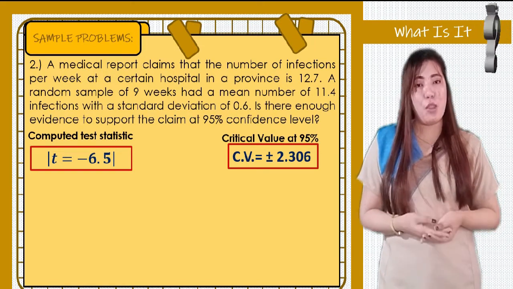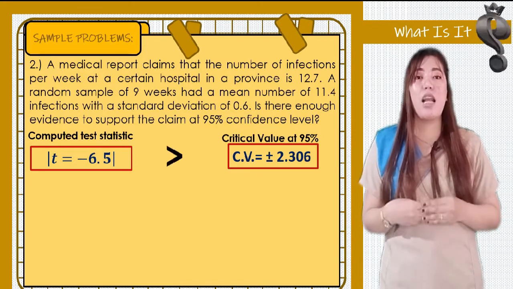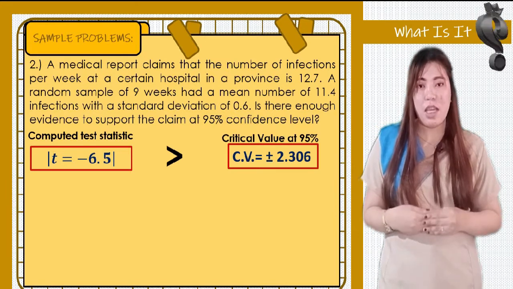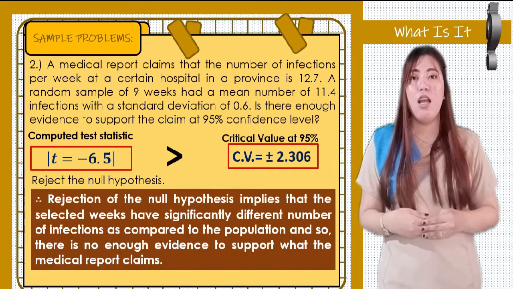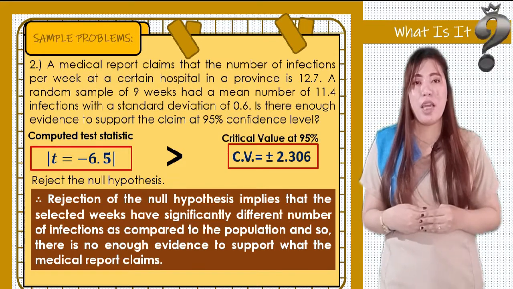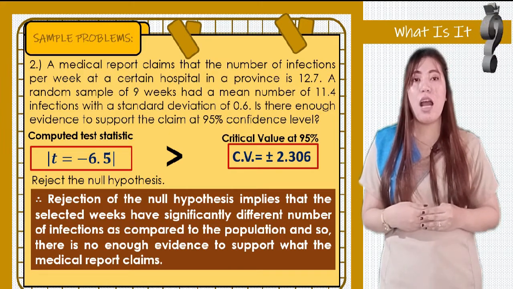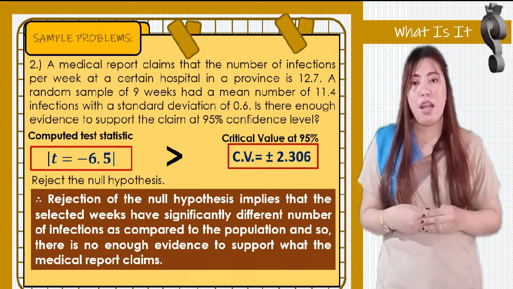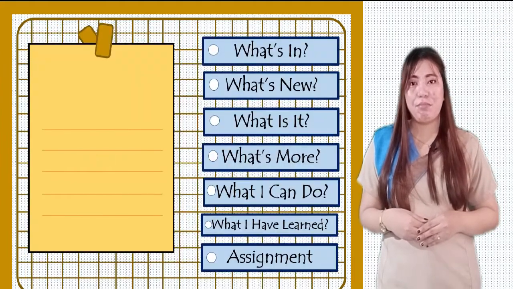Since the absolute value of the computed test statistic of negative 6.5 is greater than the critical value of 2.306, we reject the null hypothesis. Rejection of the null hypothesis implies that the selected weeks have significantly different number of infections as compared to the population, and so there is not enough evidence to support what the medical reports claim.